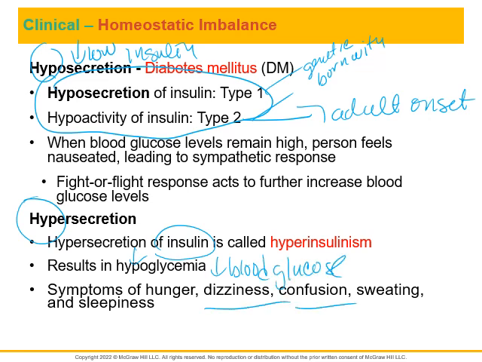Your brain is kind of confused. It's dizzy. Remember, your brain wants lots of glucose. And so if you don't have enough, it's almost like your brain is starving, right? It's going to cause you to want to eat a lot. It's going to make you dizzy and confused. So people that are taking insulin have to constantly monitor because they want to be somewhere between the hypo and the hyper. This is kind of like Goldilocks, right? Too little's no good, too much is no good. You want the just right.